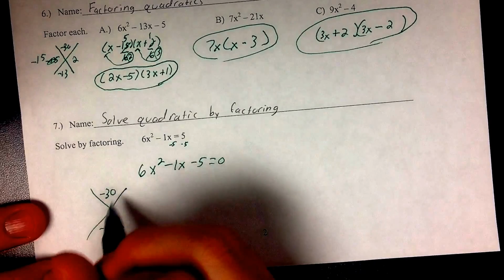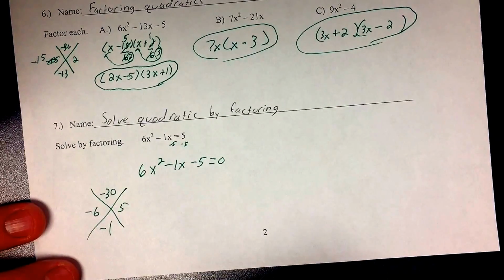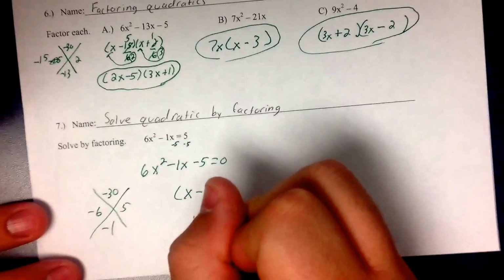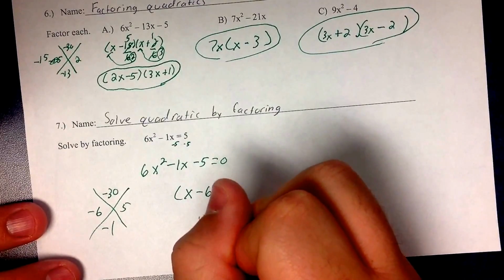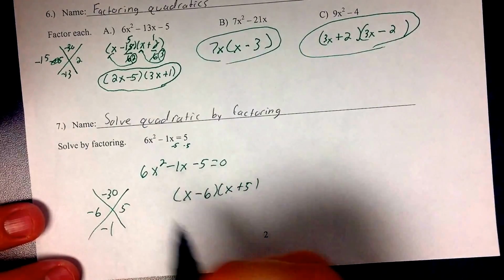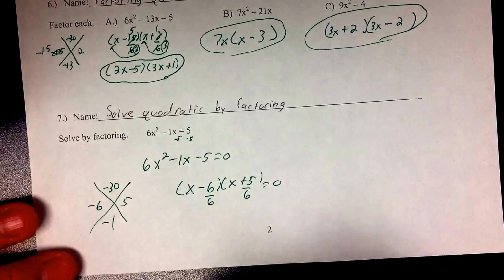So two numbers that multiply to get negative 30 and add to get negative 1 are negative 6 and 5. So I've got x minus 6 and x plus 5, but again I've got an a, so I've got to divide both of these by 6, and it's still equal to 0.